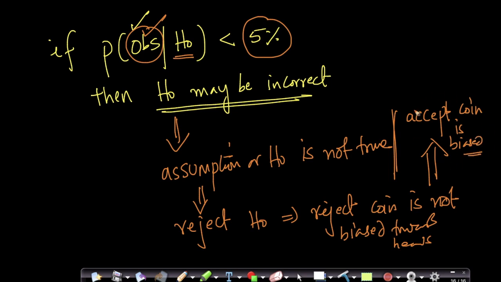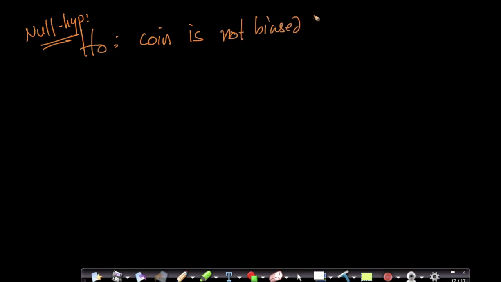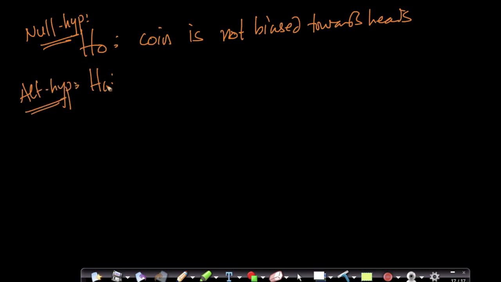This is called alternative hypothesis. For every null hypothesis, there is an alternative hypothesis. In our case, the null hypothesis was that the coin is not biased towards heads. Our alternative hypothesis, which is often written as H1, is the exact opposite of this.